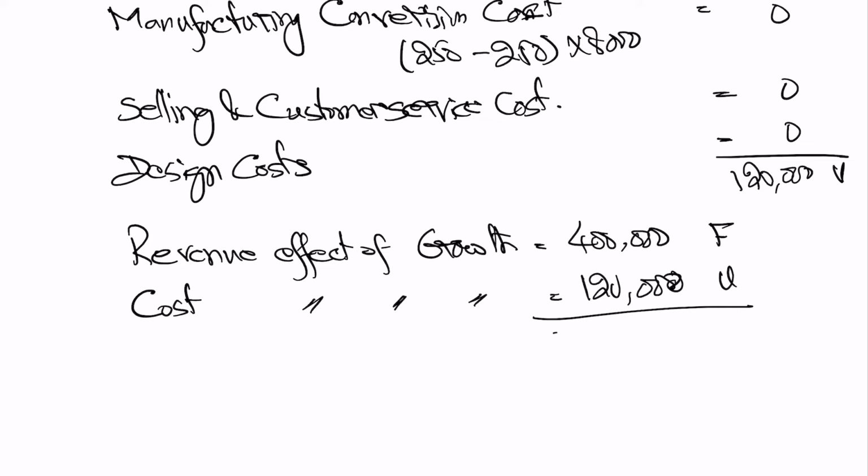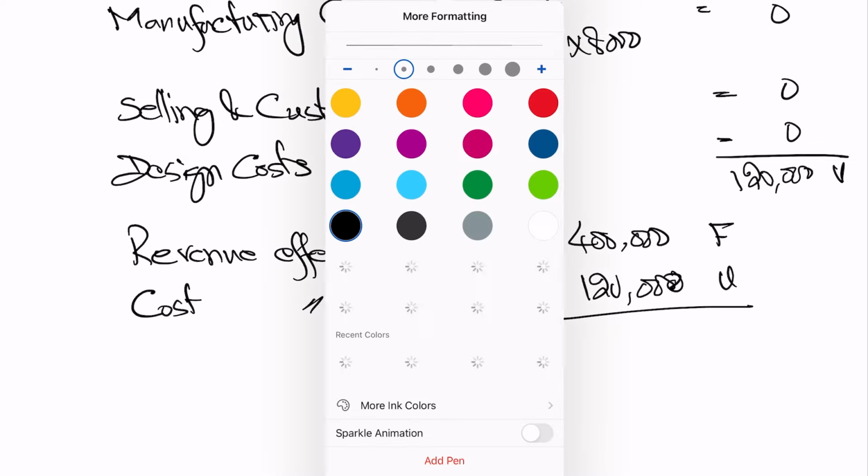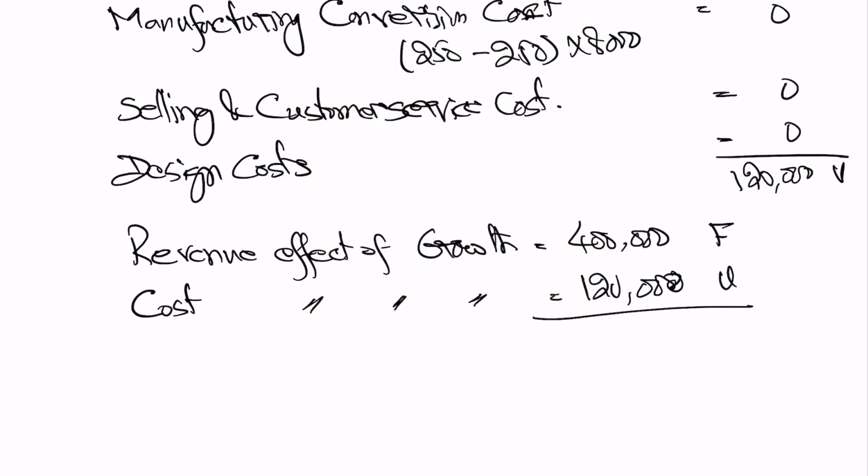So it's going to be 280,000 favorable. That's the growth component. What is it?